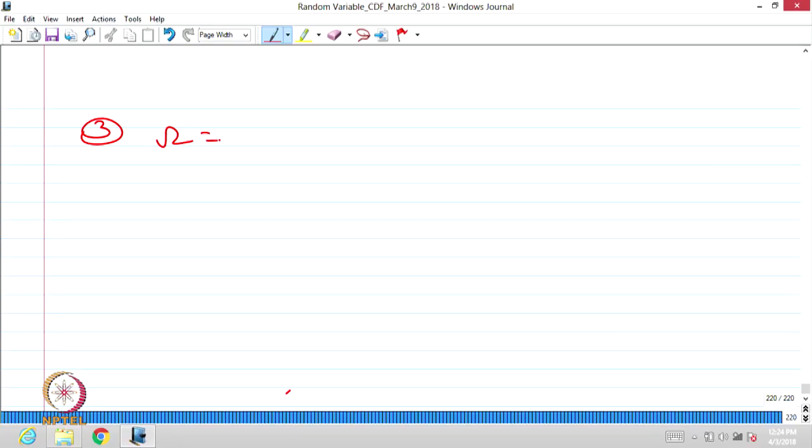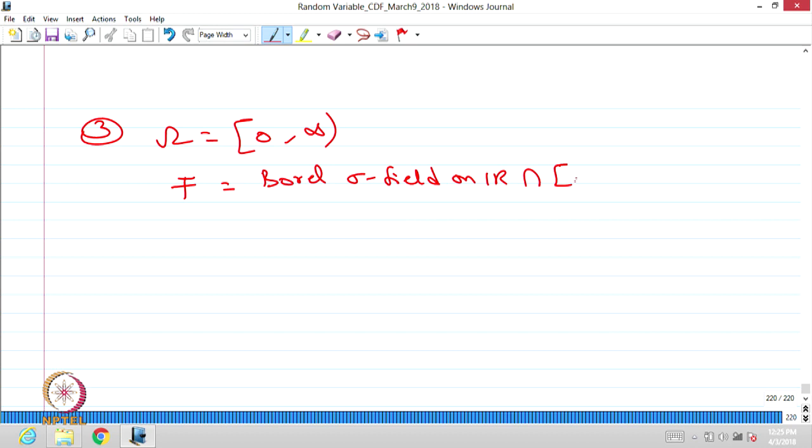We will go for the third example, that is omega consisting of uncountably many elements, that is 0 to infinity. So the sigma field, that is a Borel sigma field on the real line intersected with 0 to infinity, correct?